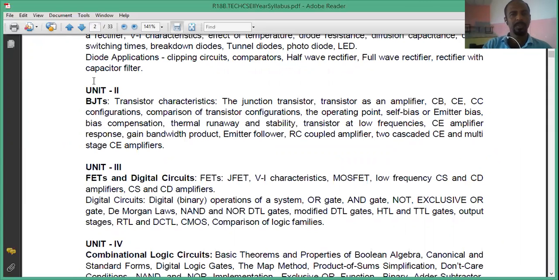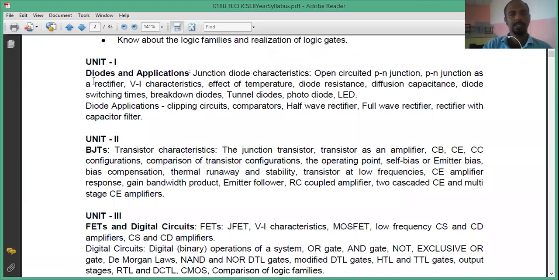So the first unit is about diodes and application of diodes. All right. So diodes you would have studied at PU level, in your PUC or your +2, whatever you call that. There you would have studied about the junction diodes.